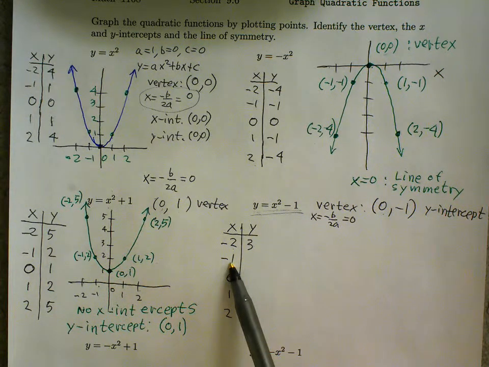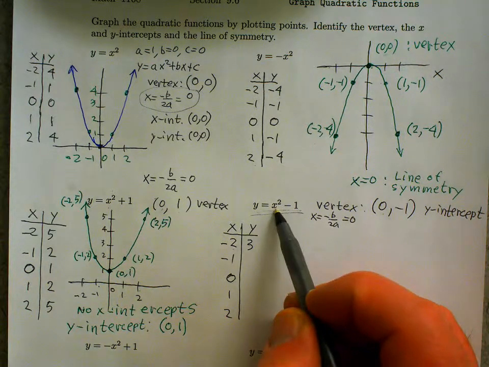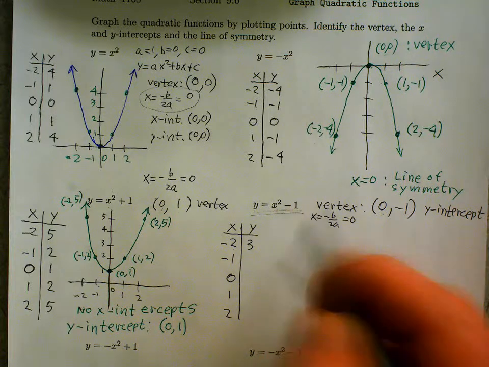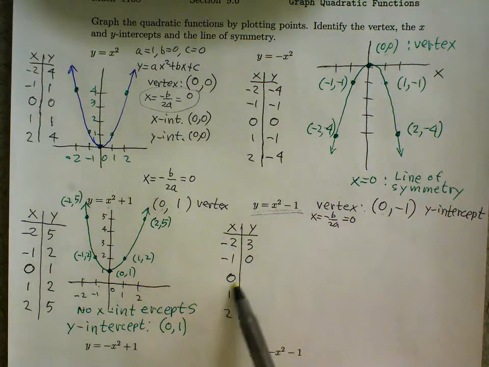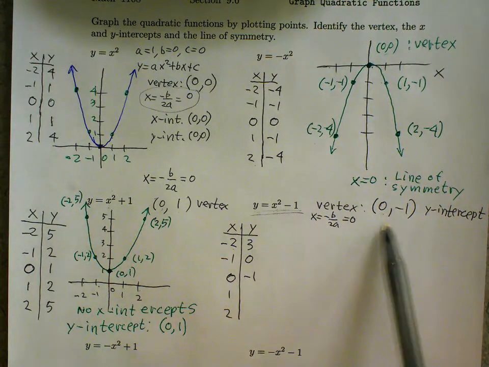When x is -1, what's the y-coordinate? 0. Yeah, 0. The number -1 squared is 1. 1 minus 1 is 0. And when x is 0, the y-coordinate is 0 squared minus 1, or -1. We already knew that.